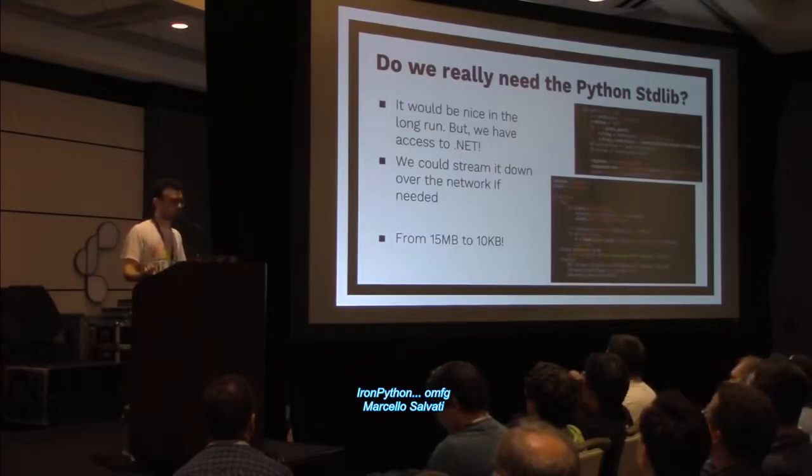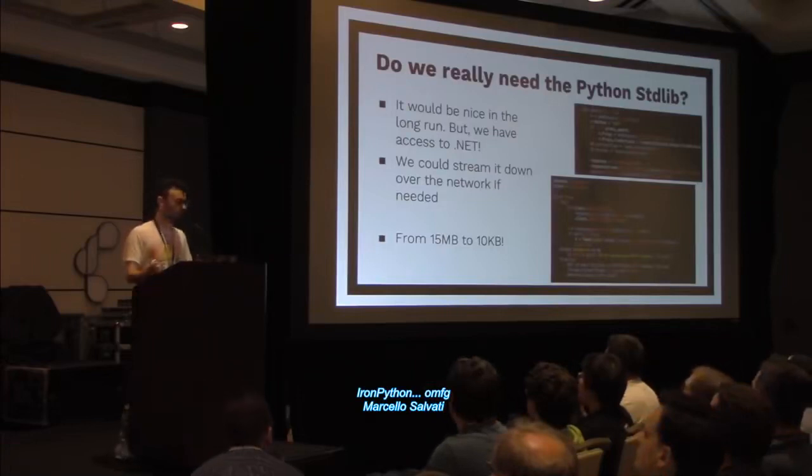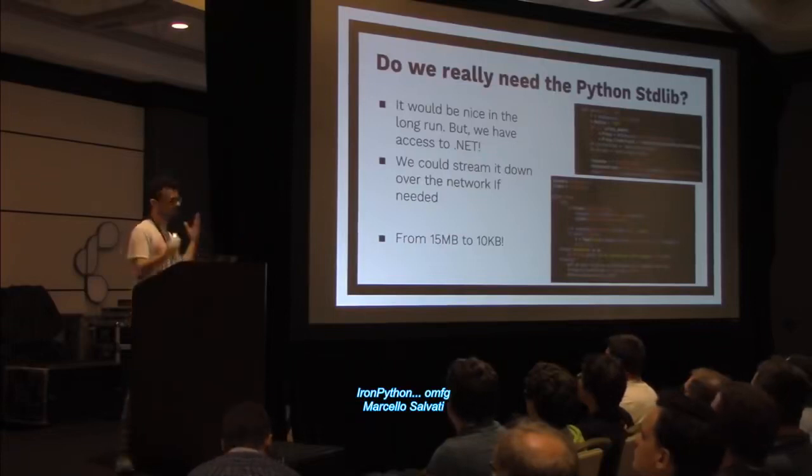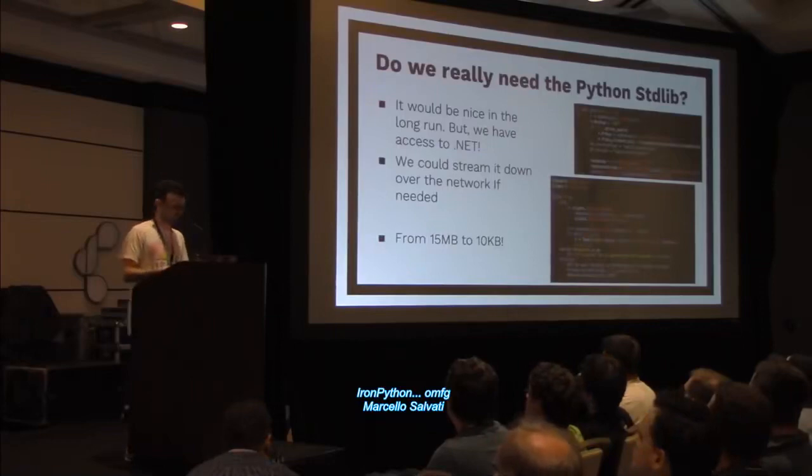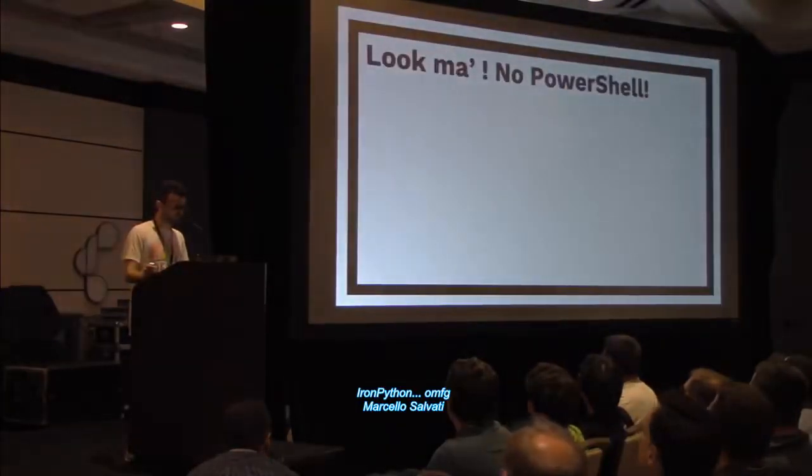In the long term, that would be great, because it would be awesome to push Responder down to it and run Responder on a Windows 10 machine. That'd be kind of cool. But initially, you can stage the entire standard library over the network, and that's perfectly fine if needed. Without the standard library, this becomes 10 kilobytes, which is much, much better. That's great. We can work with that.